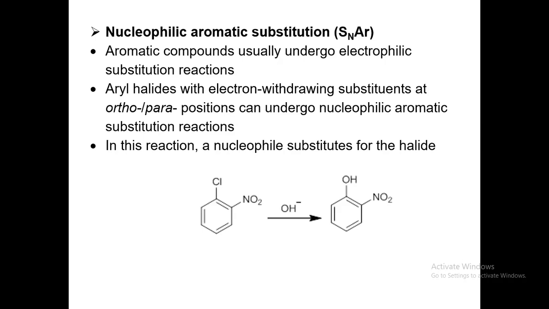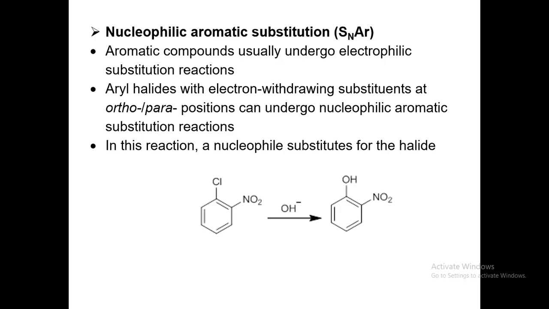Now, second point, we are seeing that aryl halides with an electron withdrawing substituent at ortho and para positions can undergo nucleophilic aromatic substitution reaction. This criteria is very important. For the normal nucleophilic reactions, you need to meet these conditions before you can undergo a reaction. That is, you should be an aryl halide.